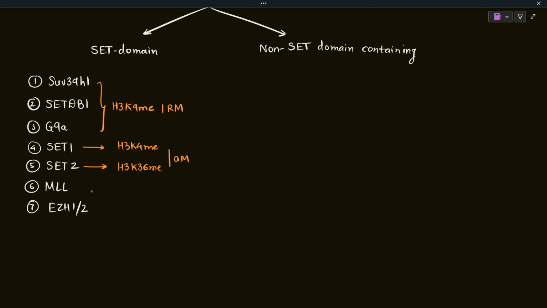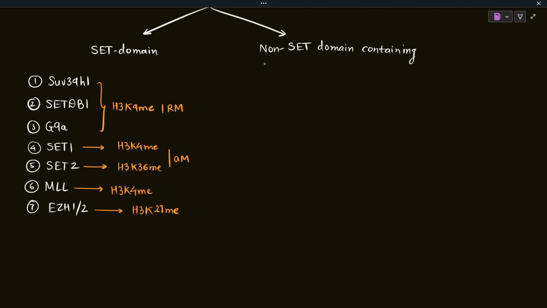The MLL proteins also add the H3K4 methylation mark, while EZH1 and EZH2 add the H3K27 methylation mark, which is associated with PRC2 complex mediated silencing. So all of those enzymes have the SET domain. That is why they are categorized as SET domain containing HKMTs.